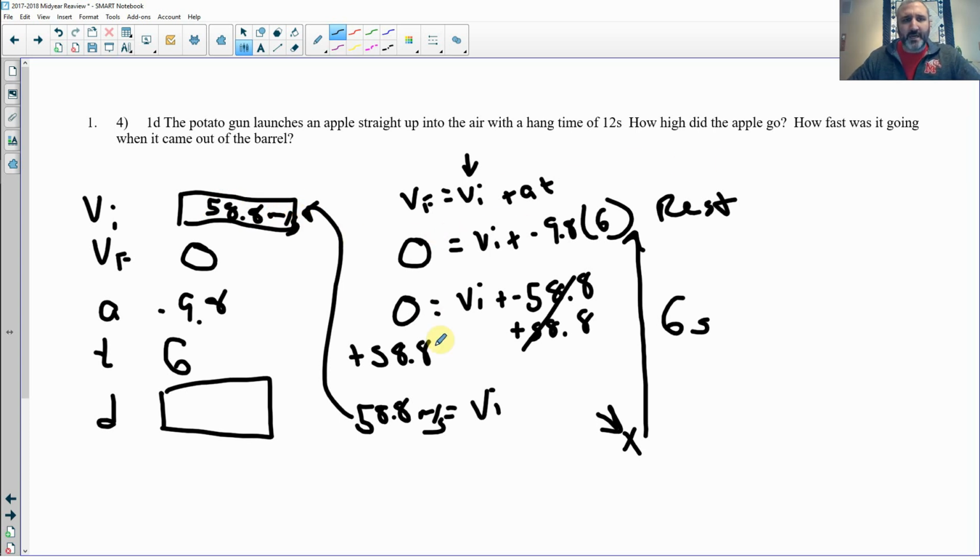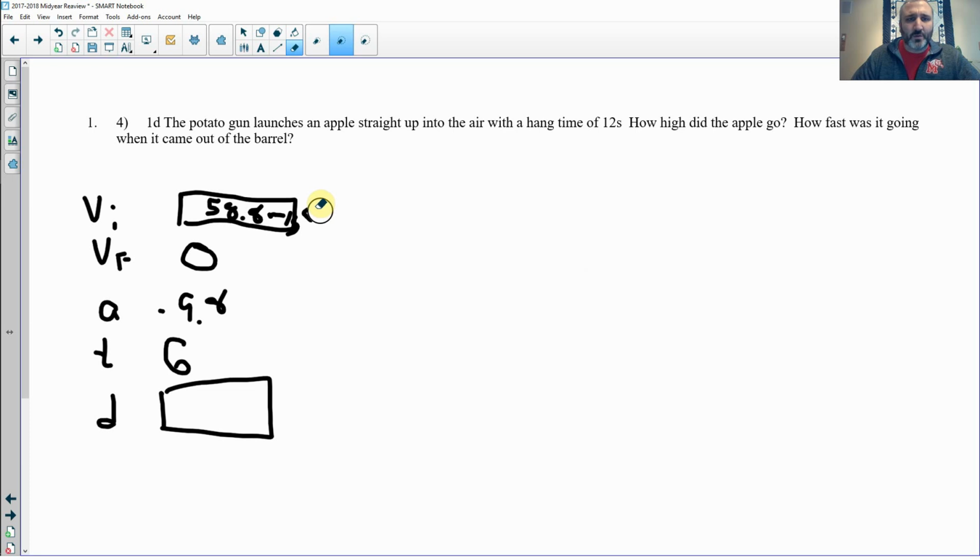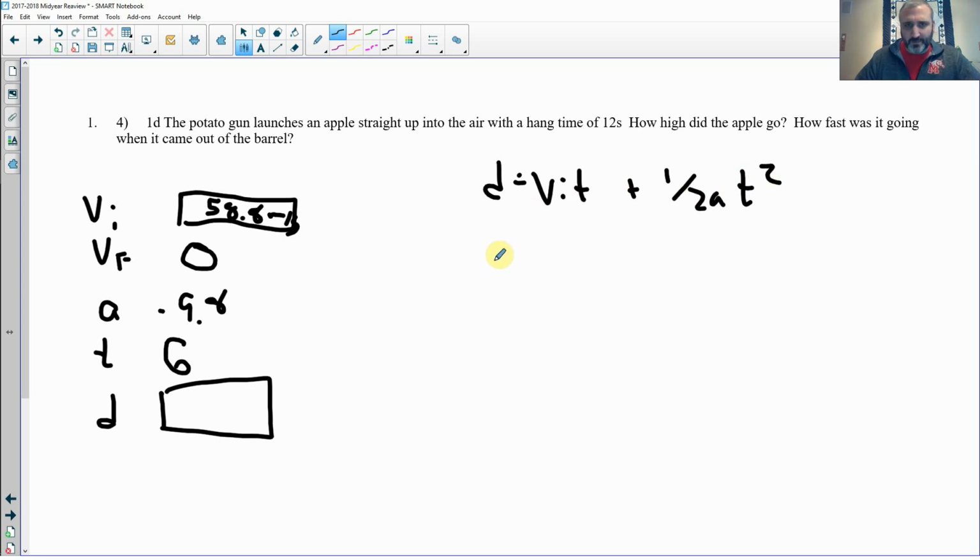The second part is how high does it go? Now we can use these numbers to figure out the displacement. You can kind of have your pick, because we have all the variables already. We should be able to pick pretty much any equation as long as it has a D in it. I'm always partial to D equals VIT plus 1/2 AT squared, but you can use whatever you want.